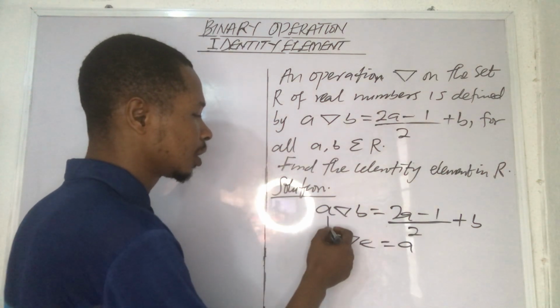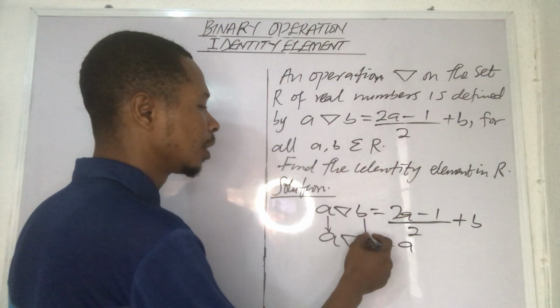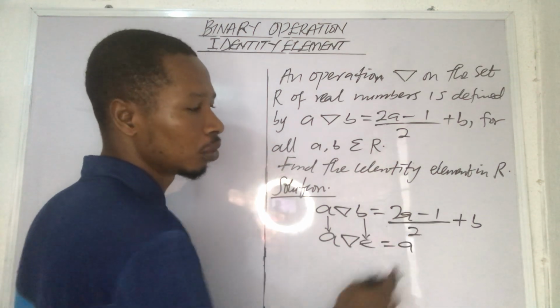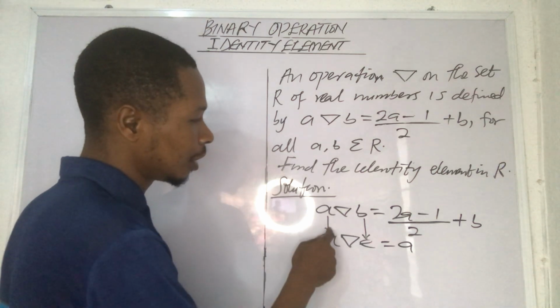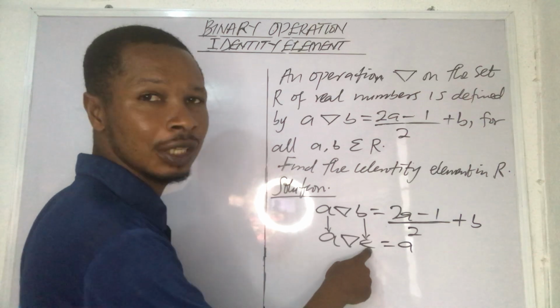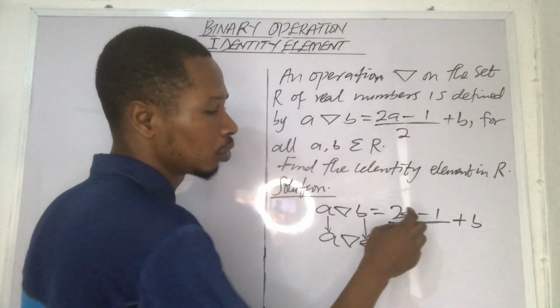It means that this A will still serve as my A, but this B will now serve as my identity element, and the expression should be equal to A. That is, anywhere I see A in this operation, I'll put A, but anywhere I see B, I'll put E, and the expression should be equal to A.